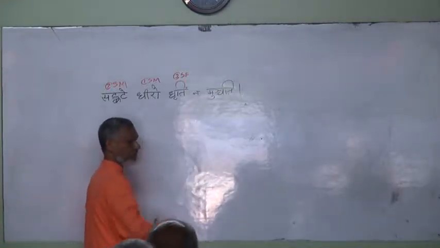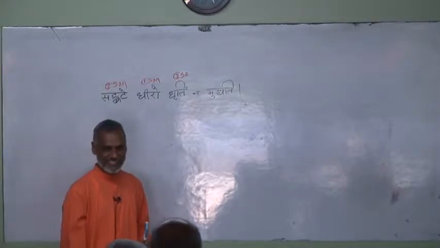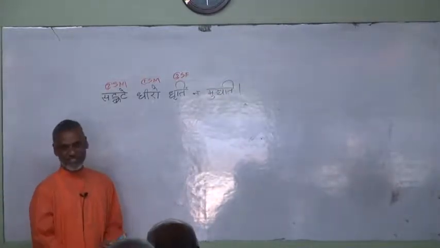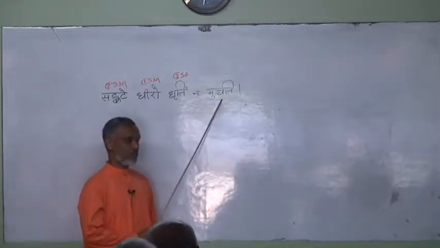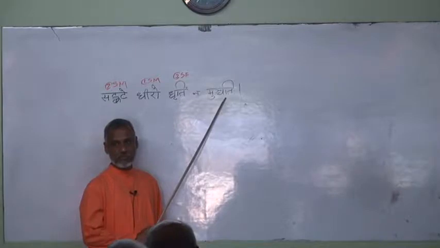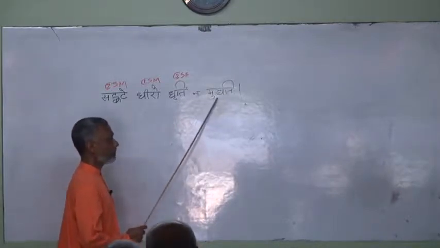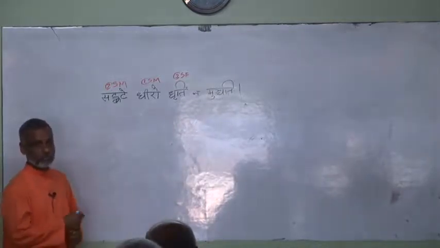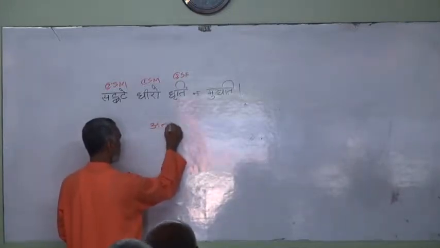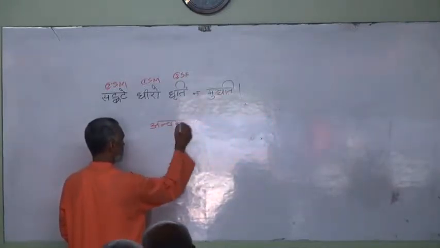Na is what case? Indeclinable. Na is no case. And here is what number and person? Third person singular.